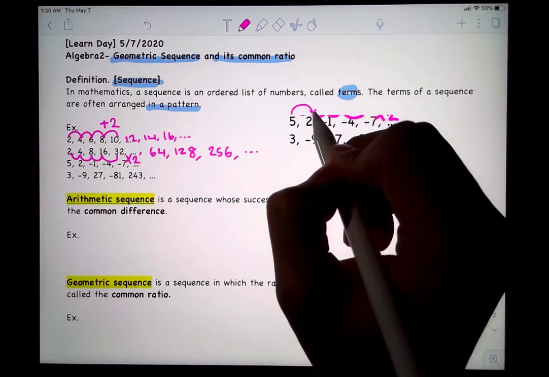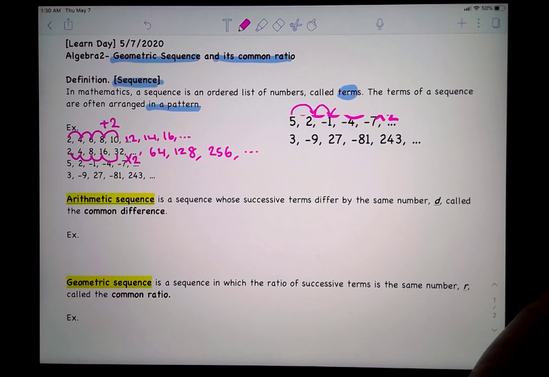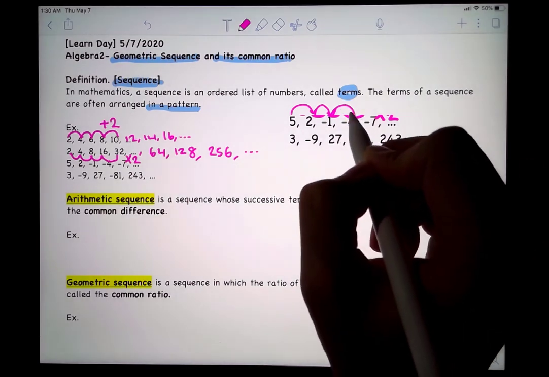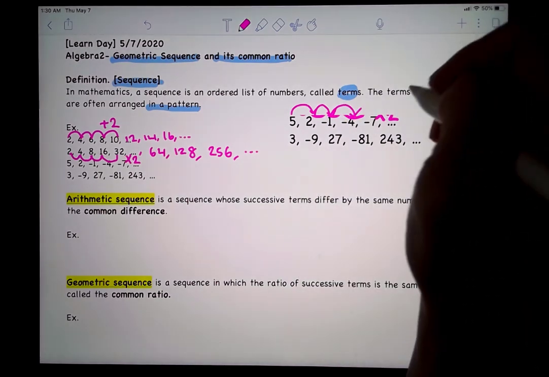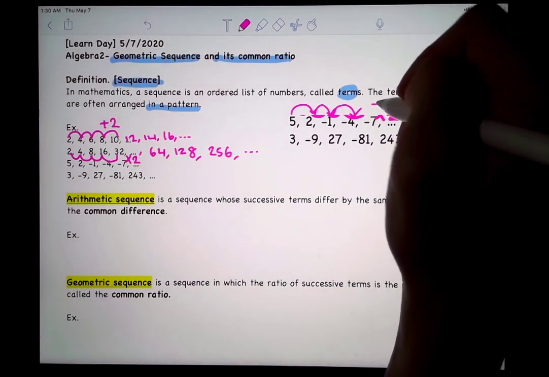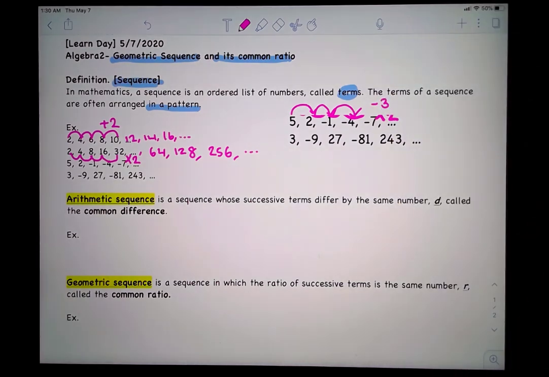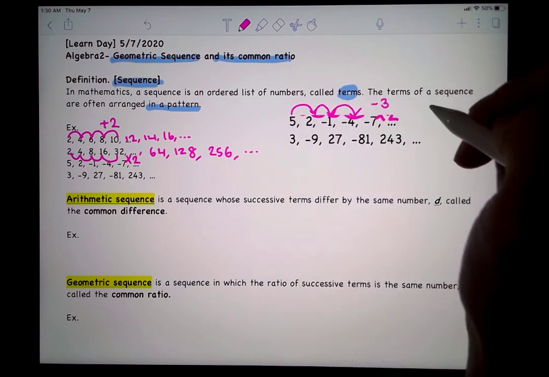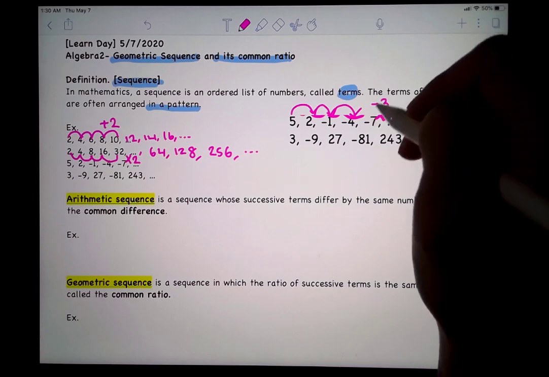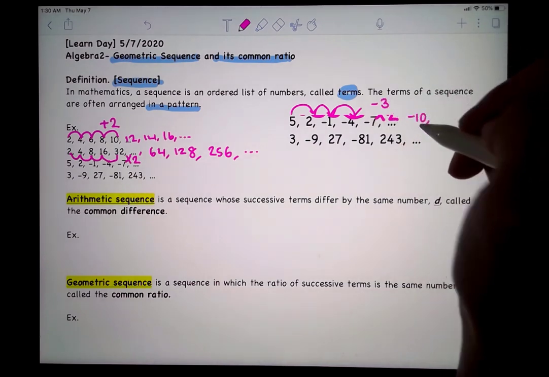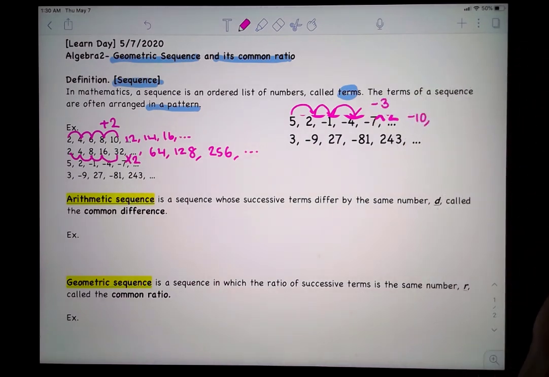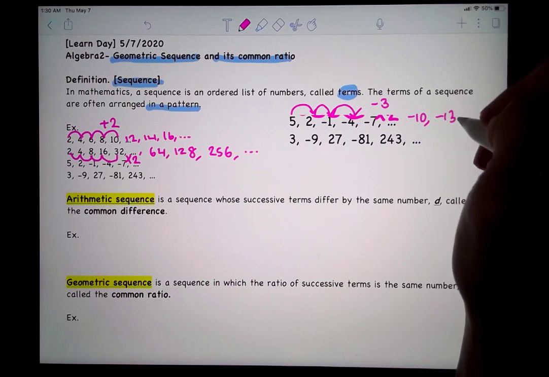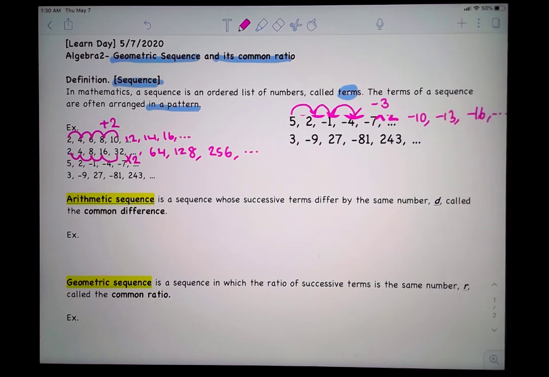How can you get -1 from 2? How can you get -4 from -1? So the pattern is, did you get it? -3, right? You keep subtracting 3, then you will see this kind of pattern. So my next three terms will be -7 minus 3, -10, -10 minus 3, -13, -16, right? So these are the sequence, and the pattern is -3.